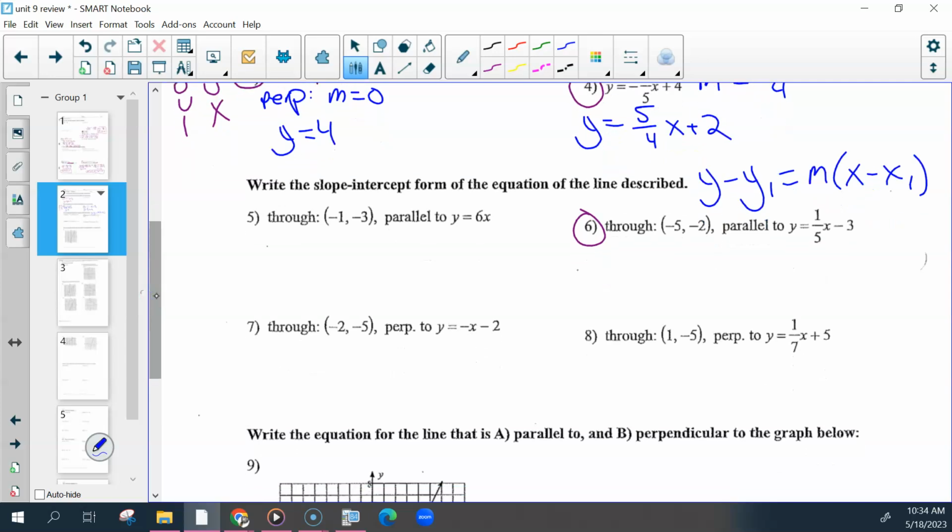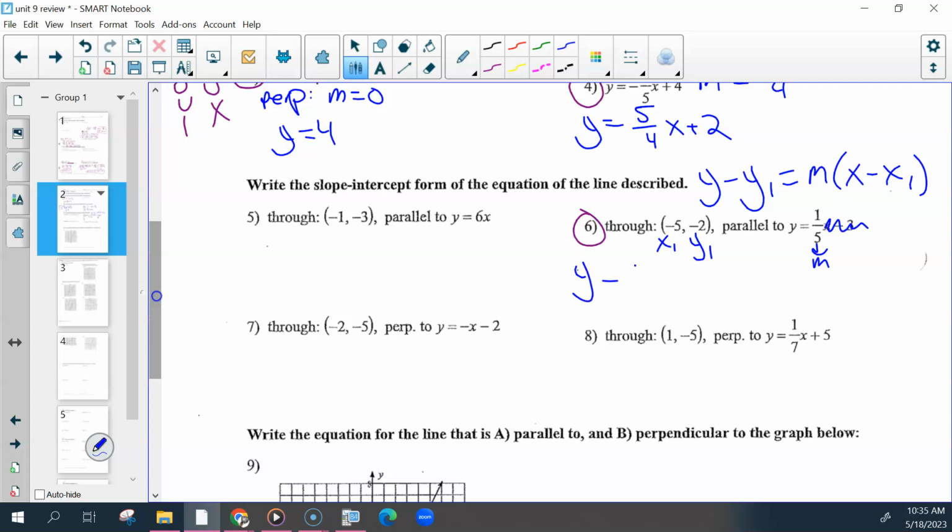If it's asking for something that is parallel, the slope is going to be the same. But you're not going to use anything else. You can cross it out so you're not confused by it. So you have your m, your x1 and y1, and you're going to use all of those and put it into your equation.